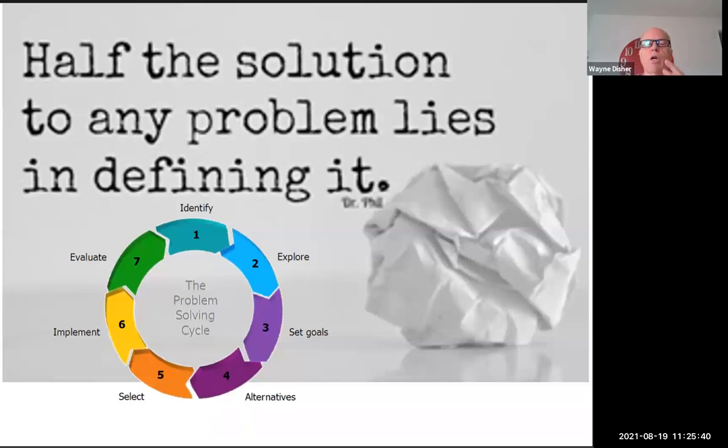Now, when looking at these solutions, you would have to look also at the pros and the cons. Well, if we did it the way that this library did it, then it would cost X amount of money and we would have to do this, this, and this, and we don't have the money in our budget. So if you're willing to give me the money, then I would do that.